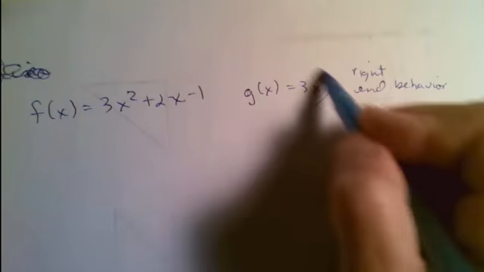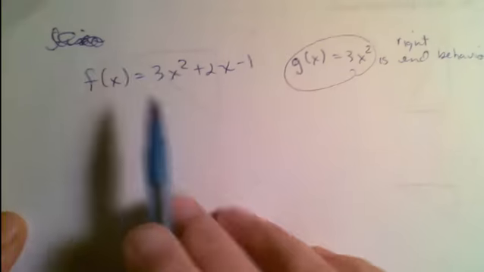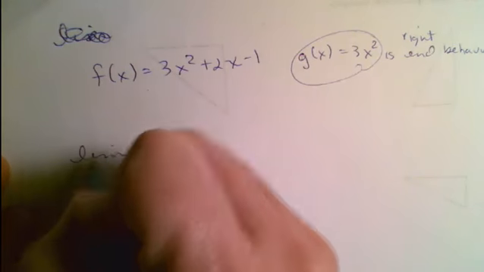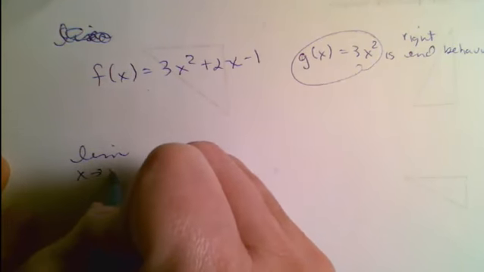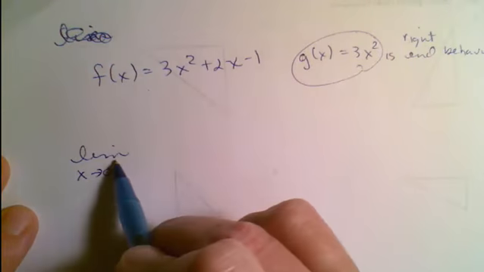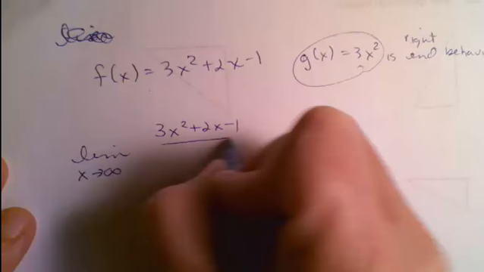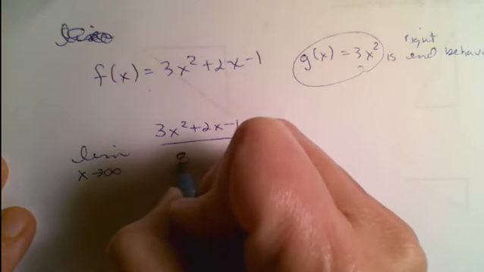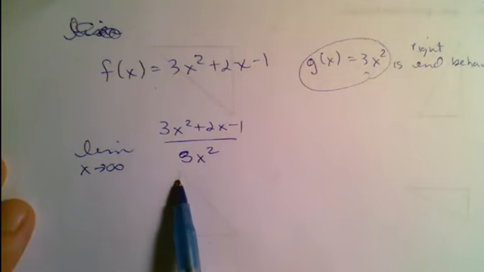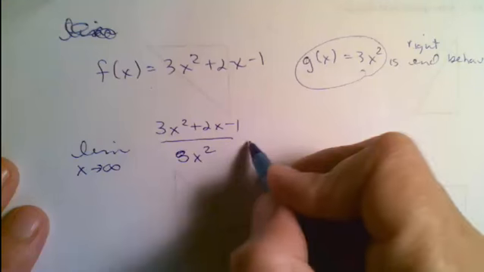Well, to prove this is an end behavior model of that, I have to look at the limit as x approaches positive infinity, because it's right end, of f of x over g of x.